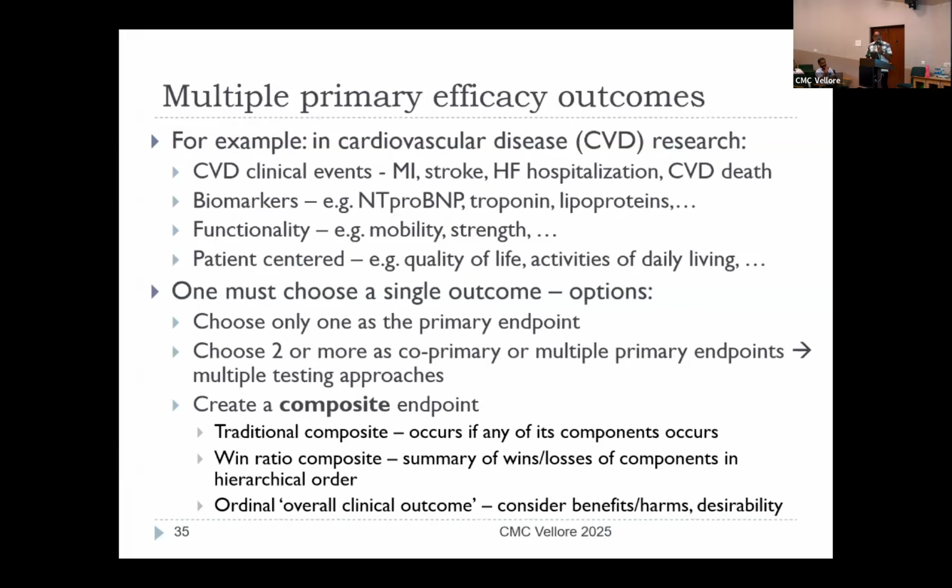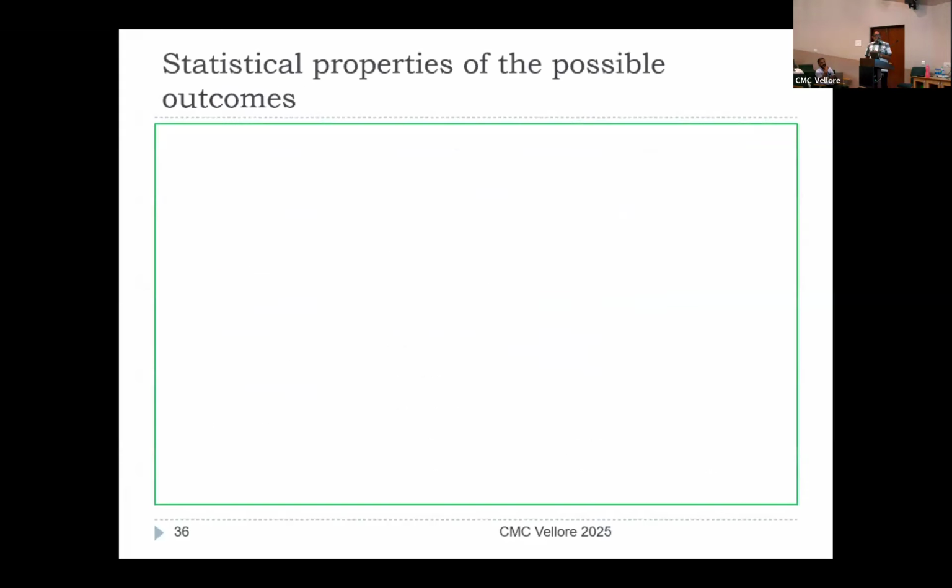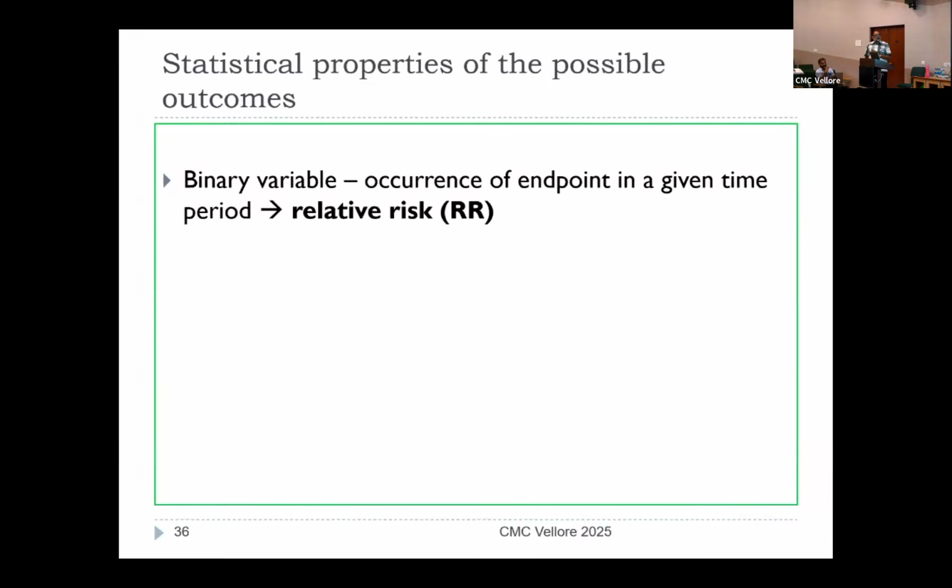So how do we handle outcomes? So what are possible outcomes that we can have? With a binary variable, we would be looking at the occurrence of the endpoint in a given time period. So we would calculate the proportion in one arm, the proportion in the other. But because this is a prospective study, we can calculate the ratio of proportions.